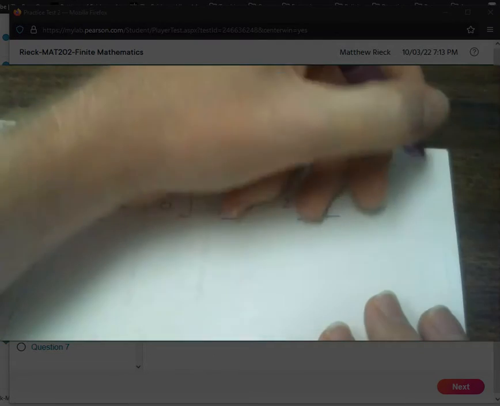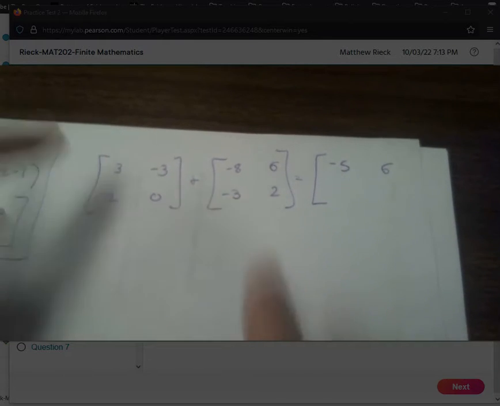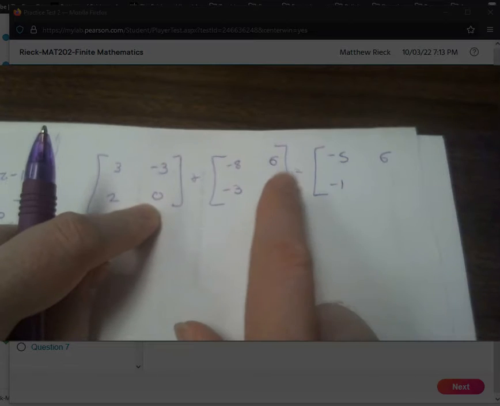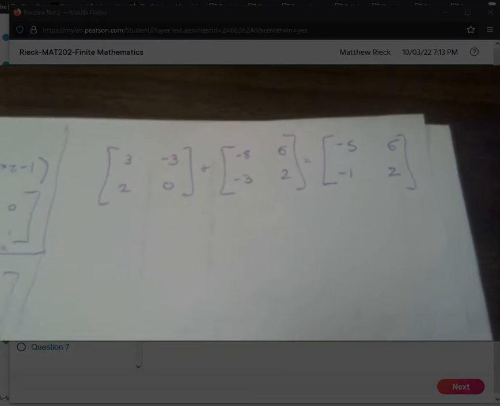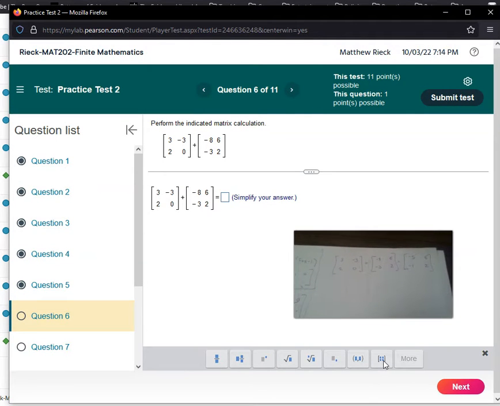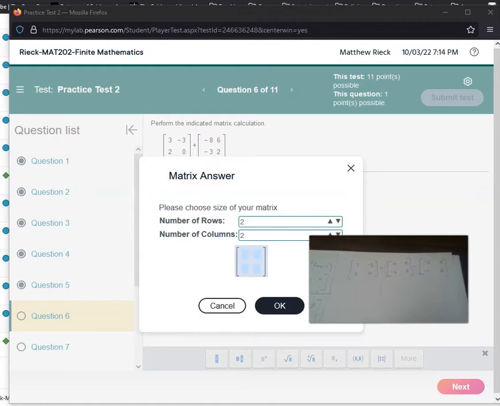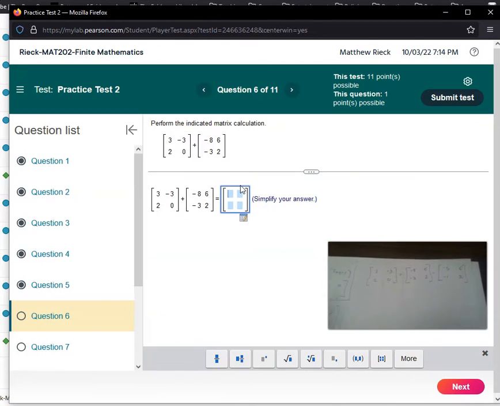Negative 3 plus 6 is going to be 3. 2 plus a negative 3 is going to be negative 1. And 0 plus 2 is going to be 2. So in this case, we're going to have a 2 by 2 matrix, and we have negative 5, 6, negative 1, 2.